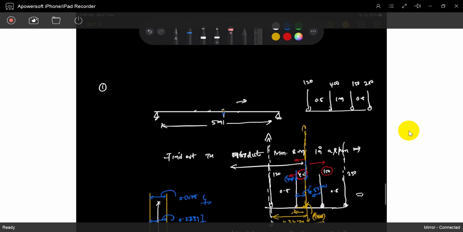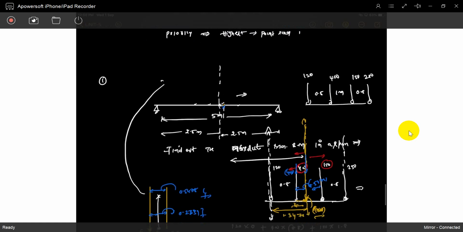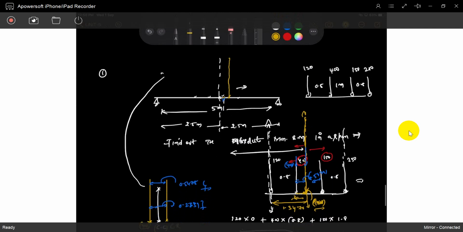Sir, how can you arrange? See, exactly it's a 5, so the center of the span is 2.5. So exactly you will put it like this. I will arrange it. This is the loading system's center of gravity, but no need to write it because that's imaginary.